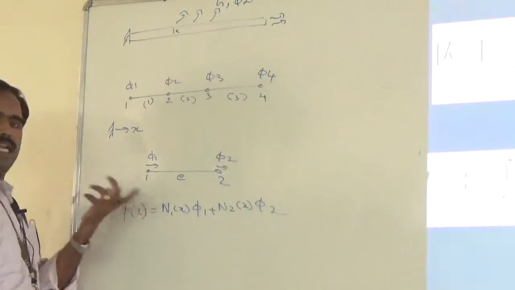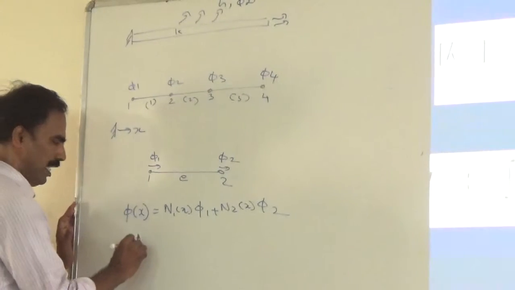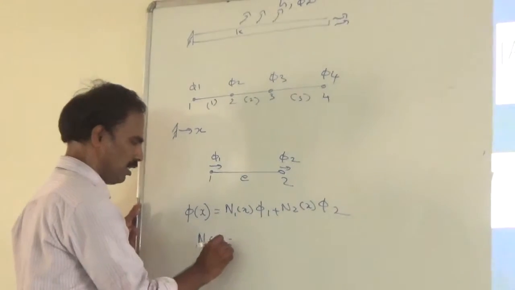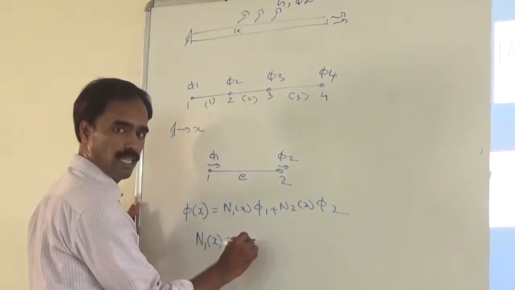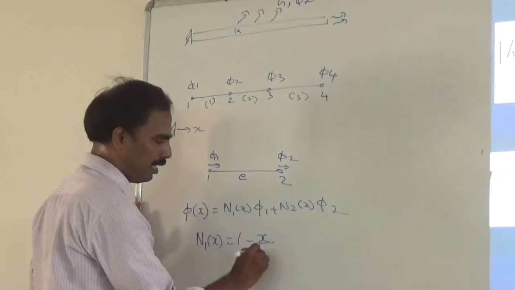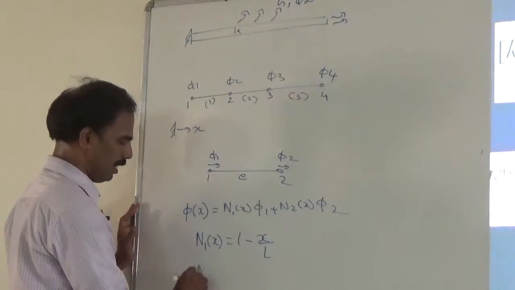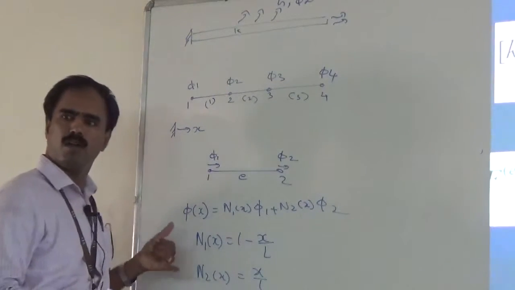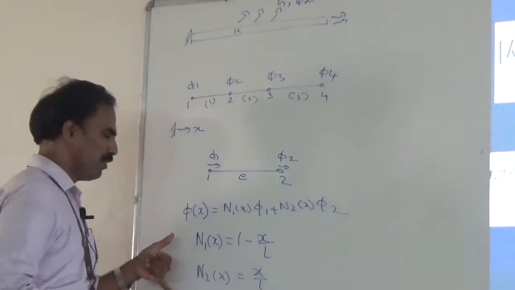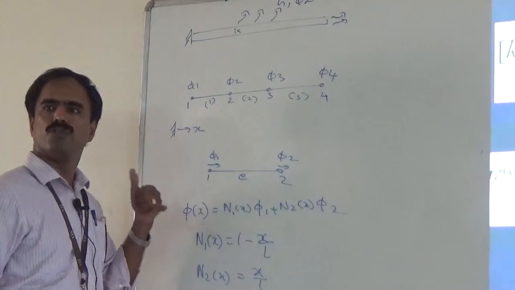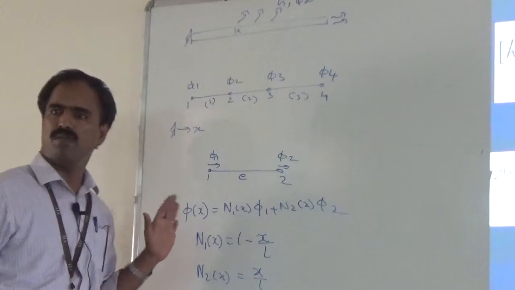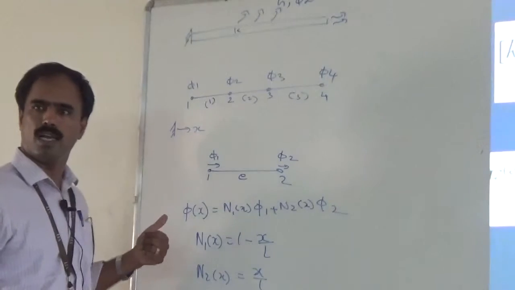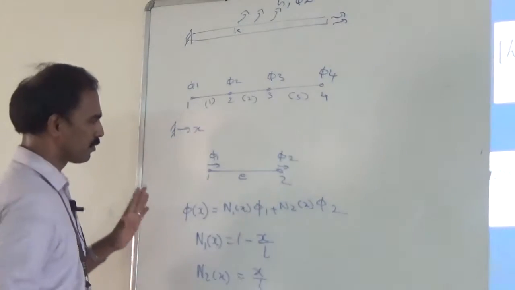For linear interpolation functions, we have already established the equations: N1 is 1 minus x by L, and N2 is x by L. Because my shape function depends only on the geometry, it is independent of the physics. Whether it's structural or thermal, the shape function remains the same.